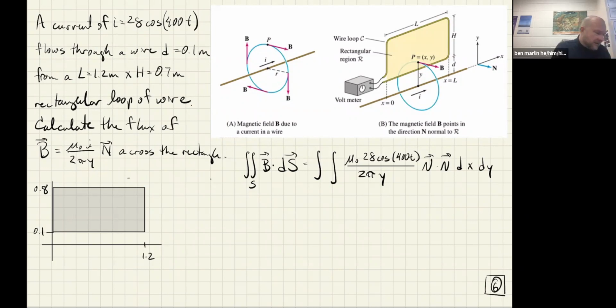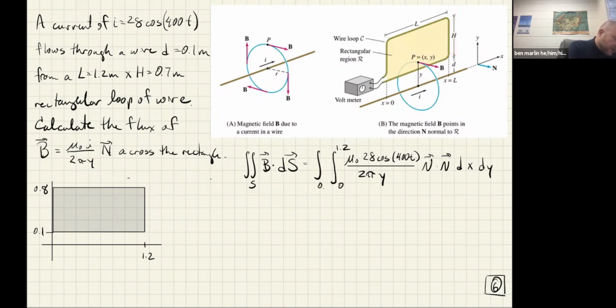But then we have to say where does our x go between? And we look back at our diagram here, and we see that that length went from 0 to 1.2 meters along there. And then we have to look at our y portion, and it goes up here, either way that you want to look at it.